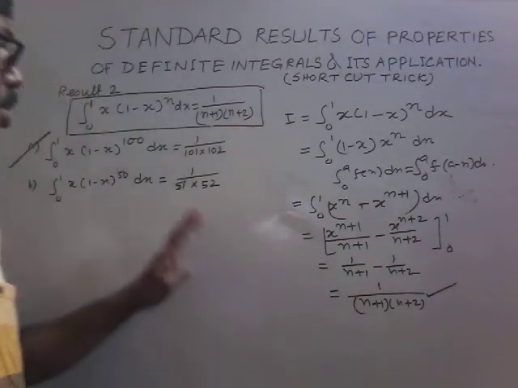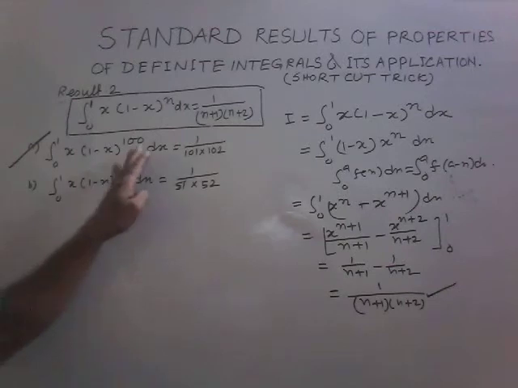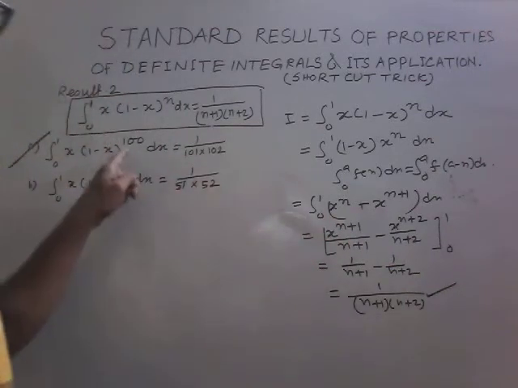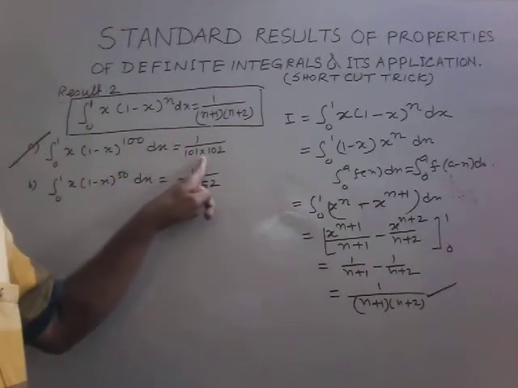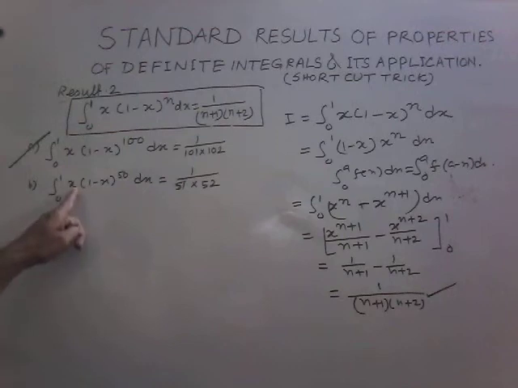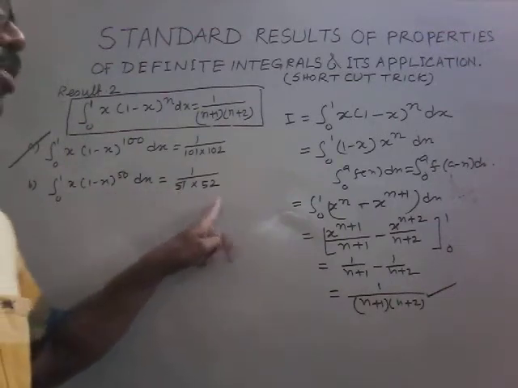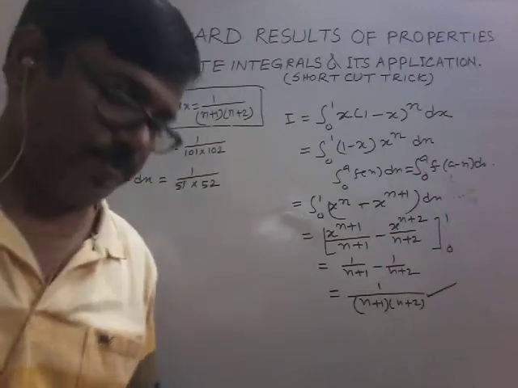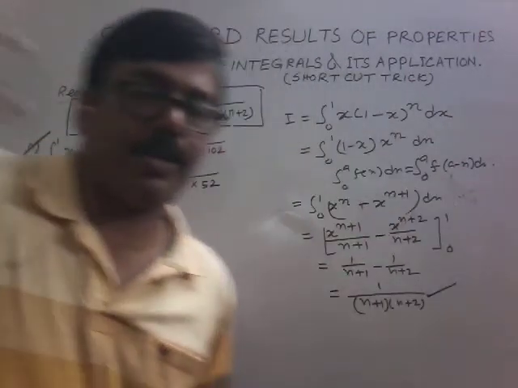No need of discussing, very simple, n is replaced by 100, so 100 plus 1 and 100 plus 2. For the rest one, look, n is replaced by 50, so 51 into 52. Next.